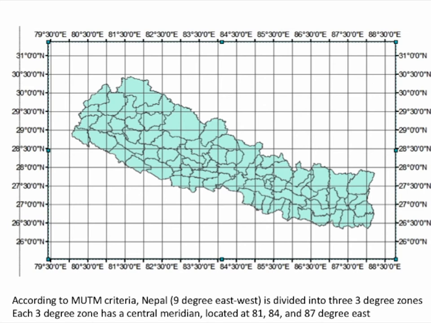According to the modified Universal Transverse Mercator or MUTM criteria, Nepal is 9 degrees east-west, from 79 degrees 30 minutes 0 seconds east up to 88 degrees 30 minutes 0 seconds east, and north-south from 26 degrees to 31 degrees. In total, in the horizontal plane it's 9 degrees and in the vertical plane it's 5 degrees, with the central meridians 81, 84 and 87.